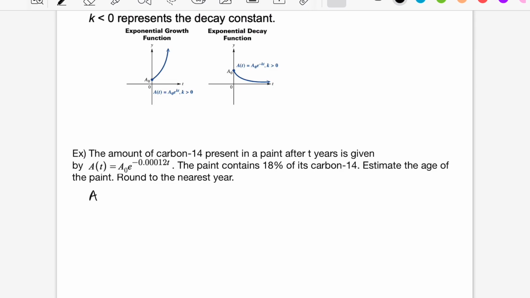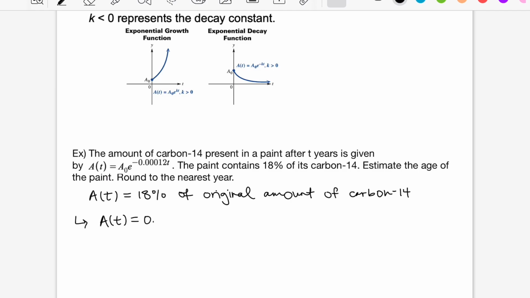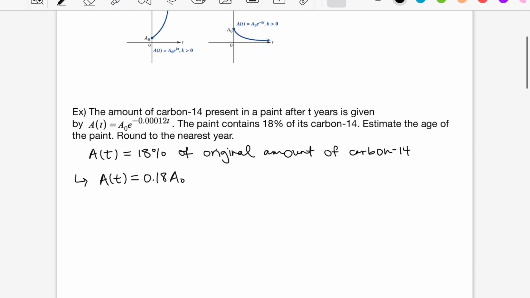So after some time t that we're trying to find, this tells us that our population at this time t is equal to 18% of the original amount of our carbon-14. So this tells us that A of t is going to be equal to 0.18 times our A naught, our original amount.